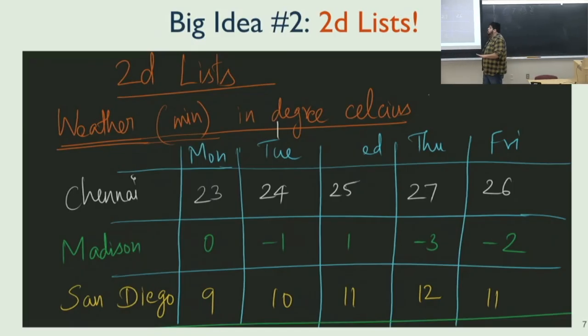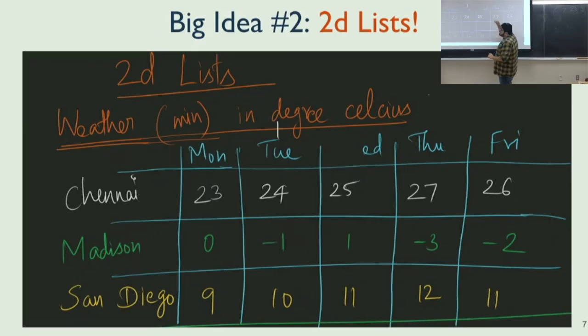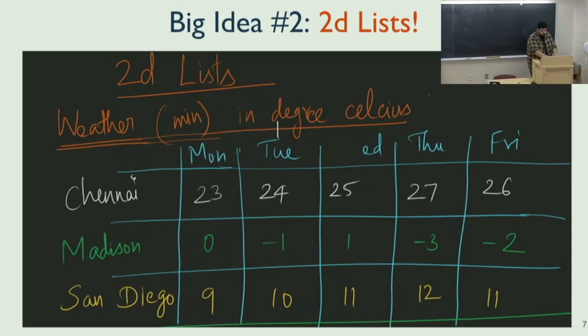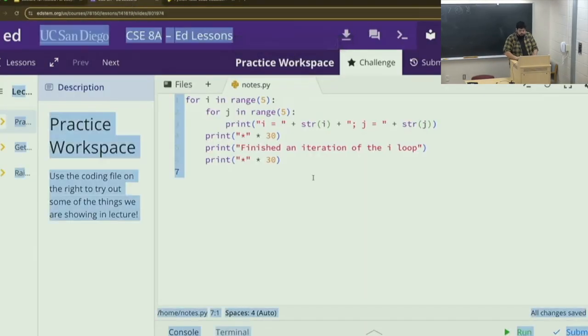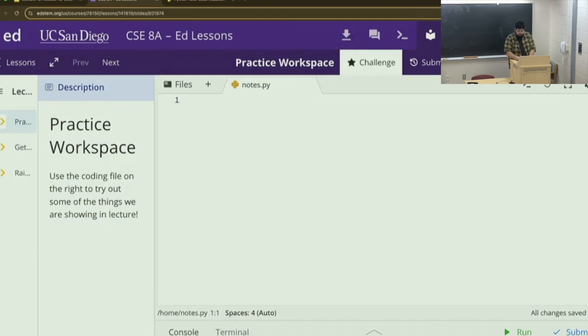Now, we have 2D lists. Okay? A list of lists. We've had lists before, right? We've had lists many, many times. See my list.